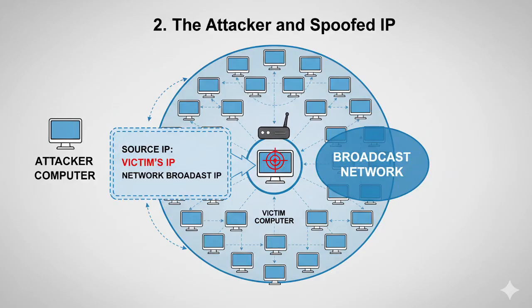This malicious packet is then directed not to a single host, but to the network broadcast IP of the intermediary network. This means every single computer in that network segment will receive this ping. By spoofing the victim's IP and targeting a broadcast, an attacker is setting the stage for a massive amplified response that will overwhelm the actual victim.